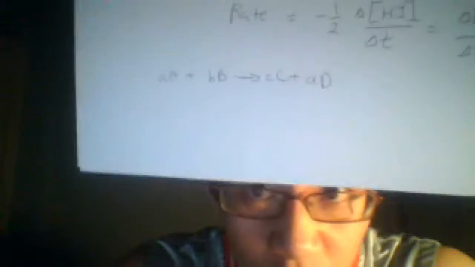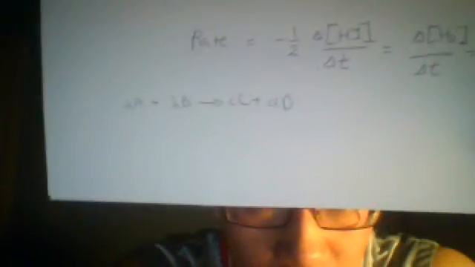Alright, so if you'd like to generalize this a little bit, it's actually pretty easy. If we had a reaction like little a A plus little b B, so we have a reaction that looks like this. This is the generic form for a lot of our problems.